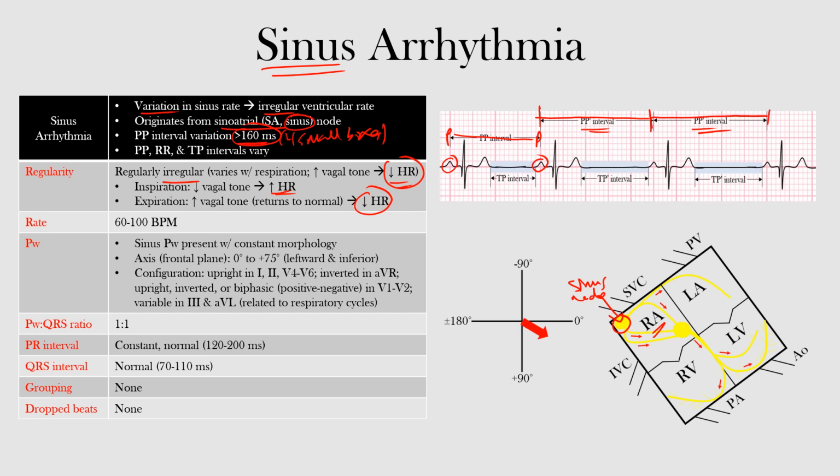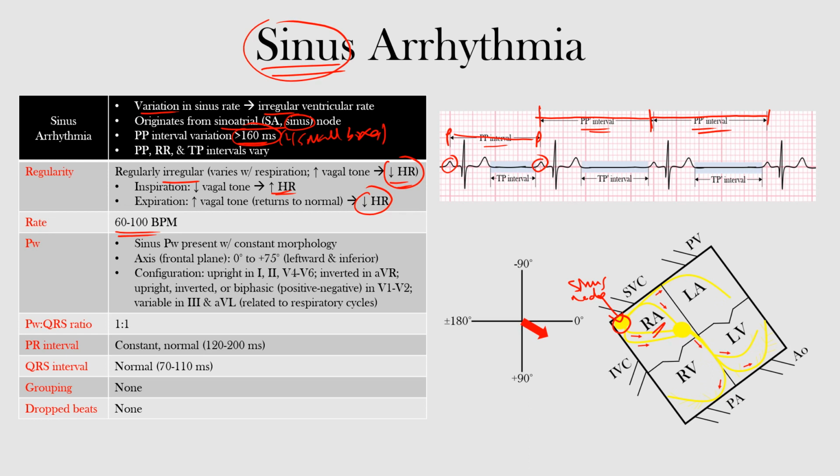And what you'll see on an EKG, if you had this whole 10-second strip, is that you'd have these intervals that would be somewhat regular. So we'd have P to P intervals that would be the same for a few beats, and then we would see variation, okay? And because of that, we call this a regularly irregular rhythm. So it's an irregular rhythm, but overall, it has some regularity to it, okay? Hopefully that makes sense.